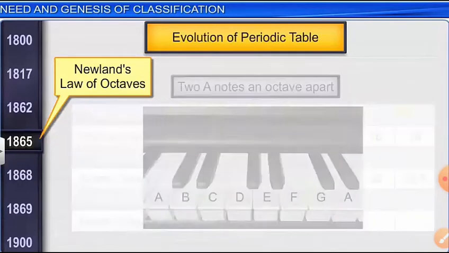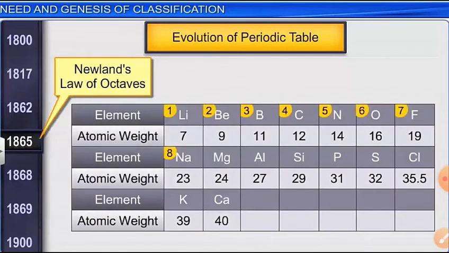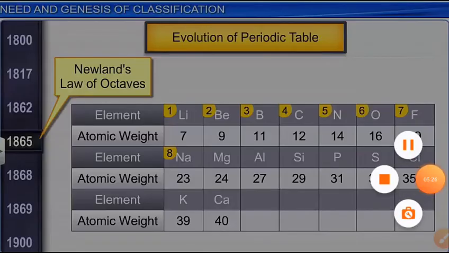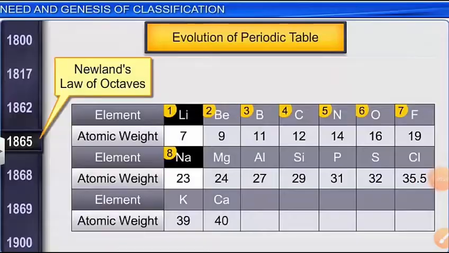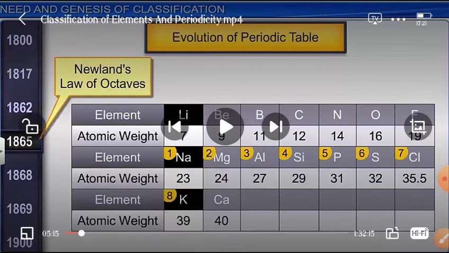So it's a recurrence of properties, just like a musical note. We have the eighth and the first note in music the same, like sa re ga ma pa dha ni sa. The first and the eighth notes are the same. That's Newlands' law of octaves. Here you can see lithium, sodium, potassium, which have the same physical and chemical properties.